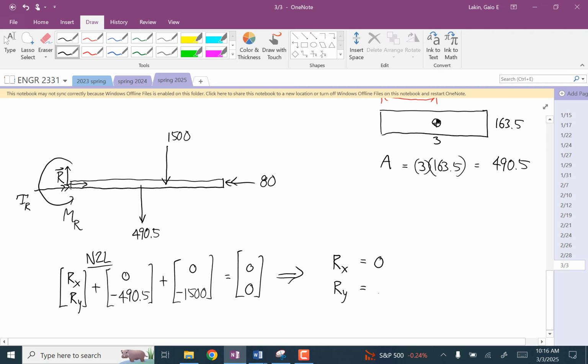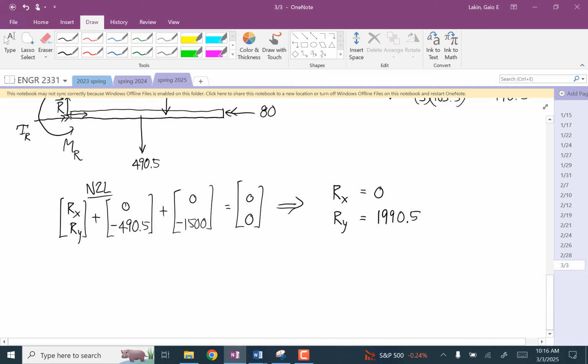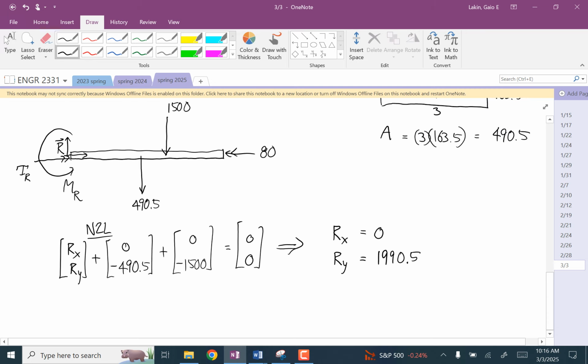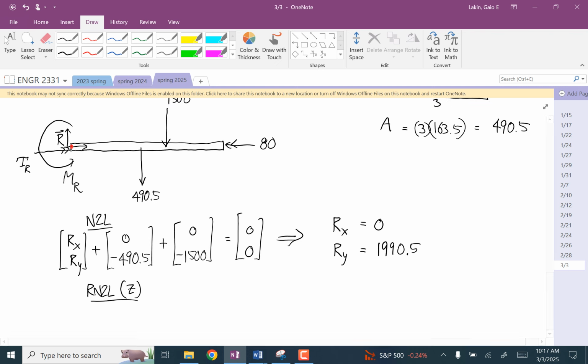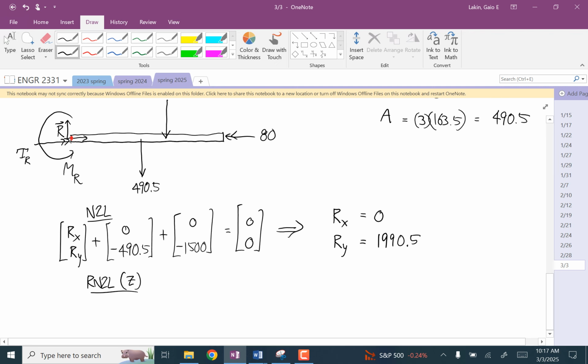Ry is 1990.5. And then the moment equation about the z-axis. So I'm going to, for this one, put my about point at the left. That means there's no moment from those R forces. There is the couple MR.